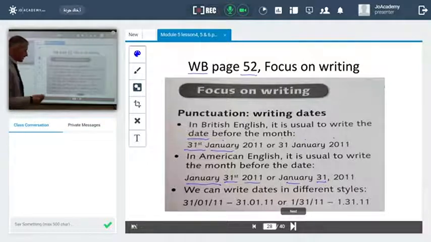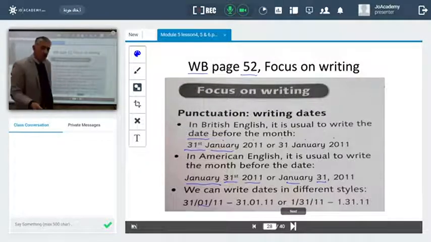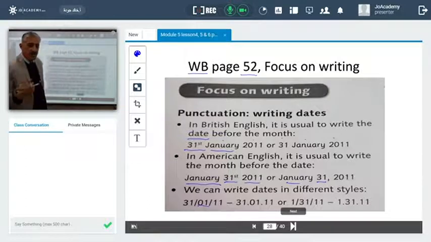We can write dates in different styles also. We can write it like this: 31 January. Instead of writing January, I write 1, because January is the first month of the year.